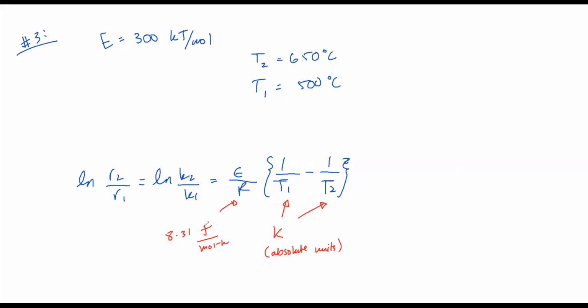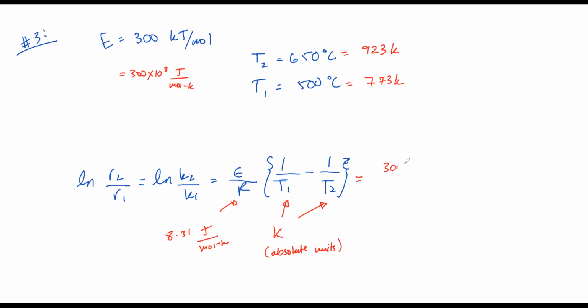Again, be aware that's joule and this is kilojoules. So this 300 will be equal to 300 times 10 to the power 3 joule per mole. T1, if I convert it to Kelvin, plus 273, 500 plus 273 will be equal to 773 Kelvin, right?